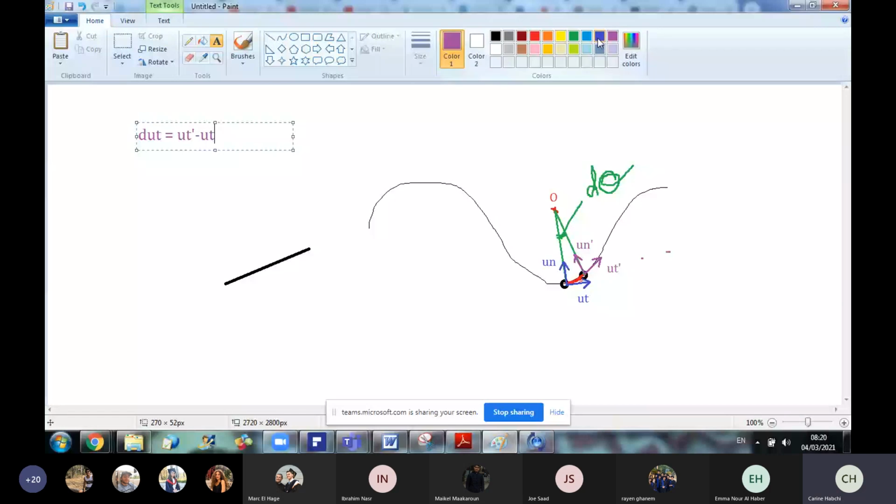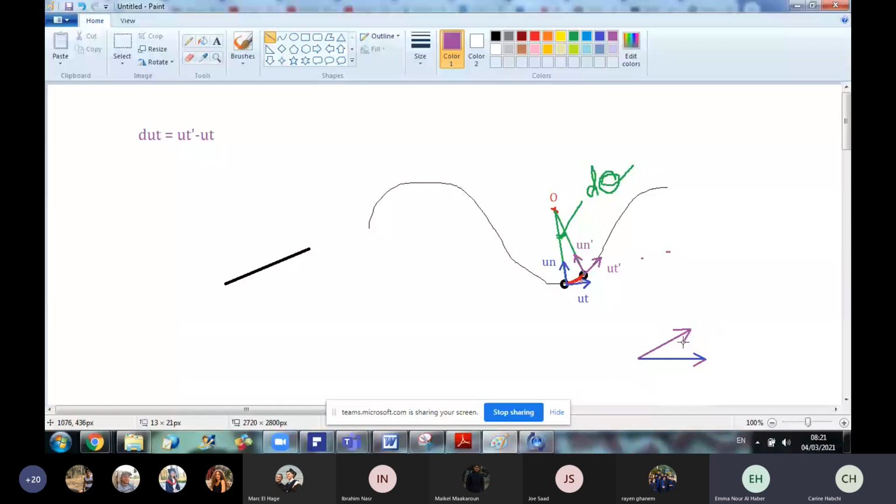this is vector ut at the first position. And this is ut prime. And what is the angle between ut and ut prime? Let me enlarge the angle a bit so you can see it. What is the angle between them?